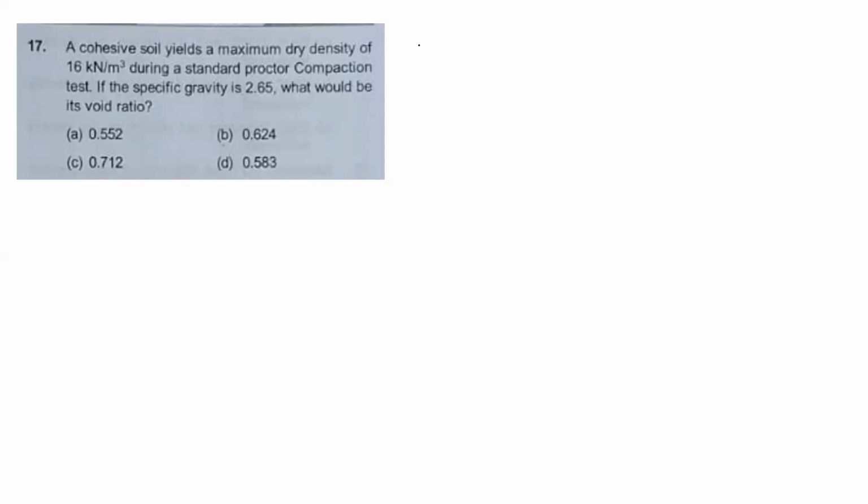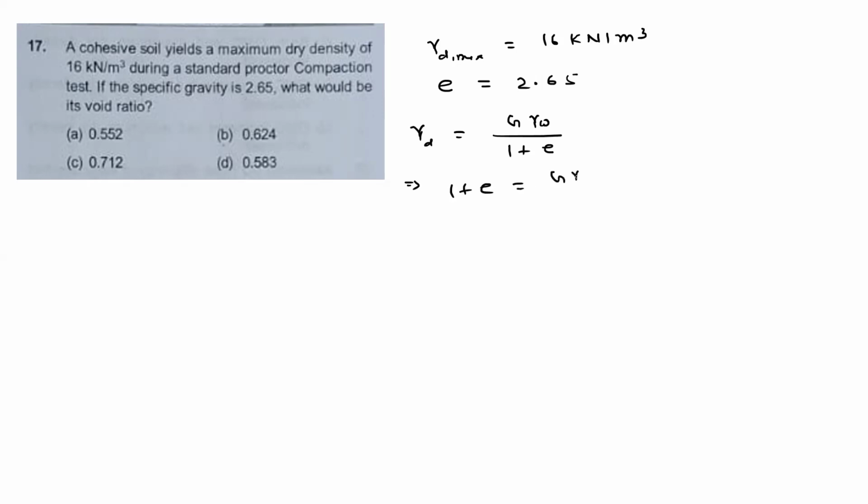So that is gamma D max is equal to 16 kilonewton per meter cube, and G is equal to 2.65. So gamma D is equal to G into gamma W divided by 1 plus E.